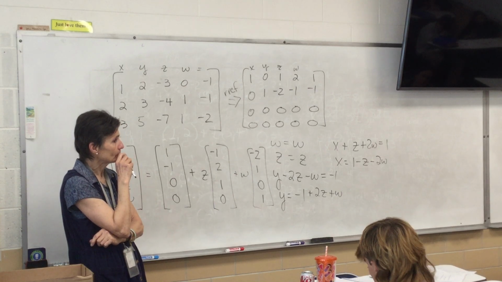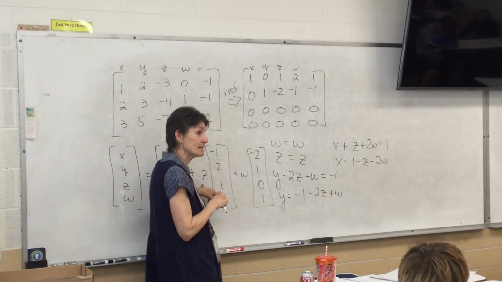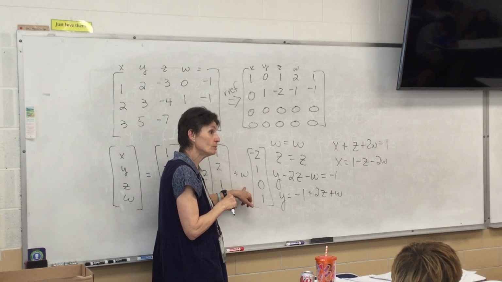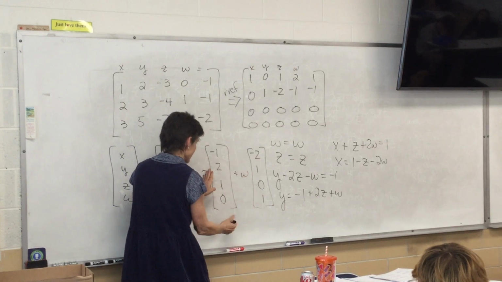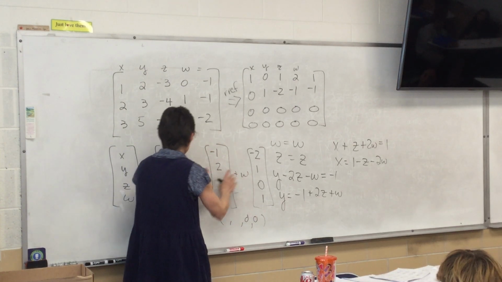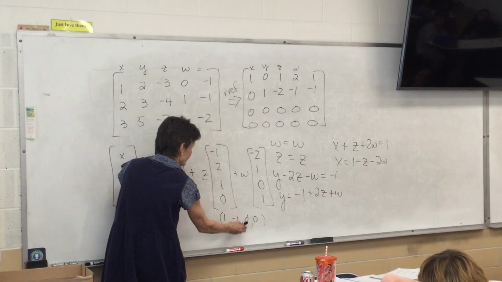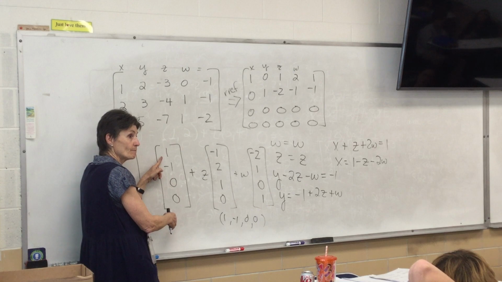What would I have to do? I have to pick a Z and a W. Now, obviously, if I let them both be 0, which is possible, then I'm going to have 1, negative 1, 0, 0 as my particular solution.